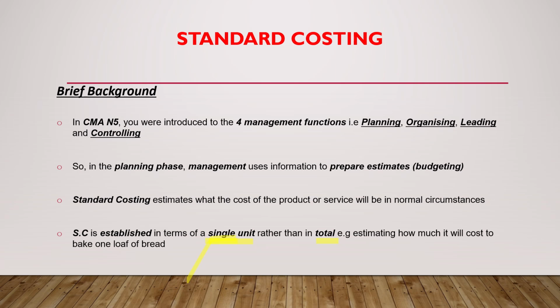We compare it with the actual price of bread per unit, not the actual price of total bread, right? You will see this is going to be clear when we do the examples and the exercises. Okay, let's go to the next slide.